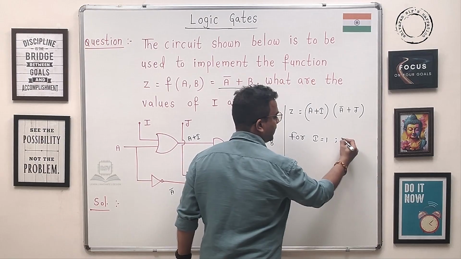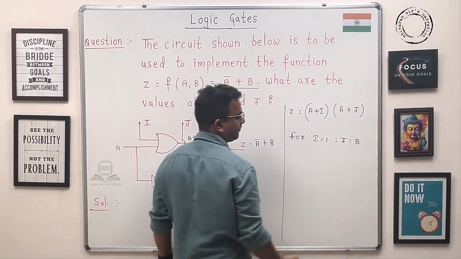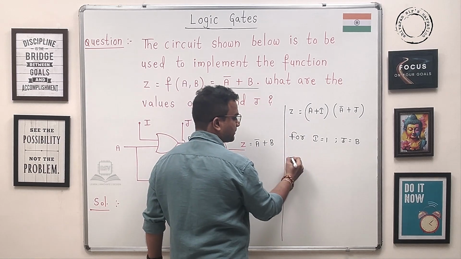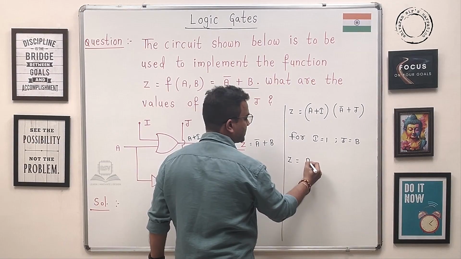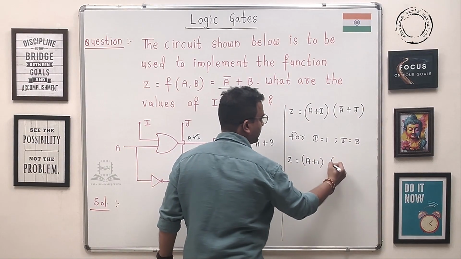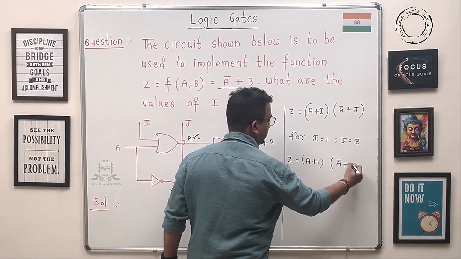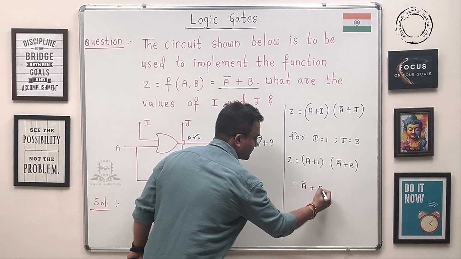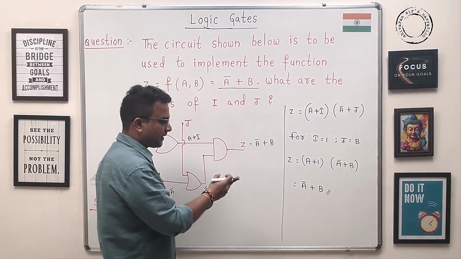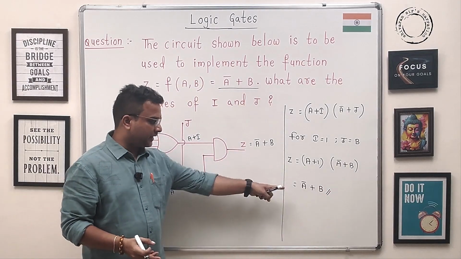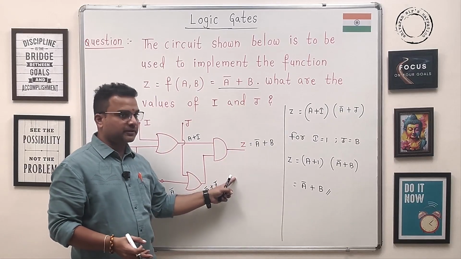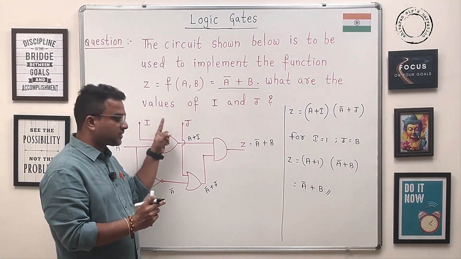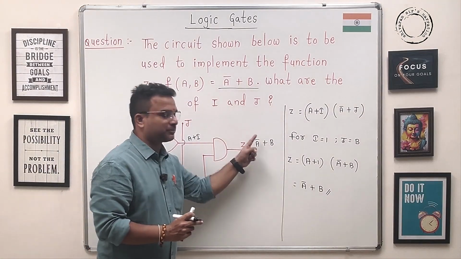Hence you can say J is equals to B. By substituting I is equals to 1, J is equals to B in this expression, the expression will be A plus 1 into A bar plus B. Therefore guys, the final expression is A bar plus B. Hence LHS and RHS are equal. The obtained expression and the required expression are the same. So in this way you can determine the inputs for the given output expression.